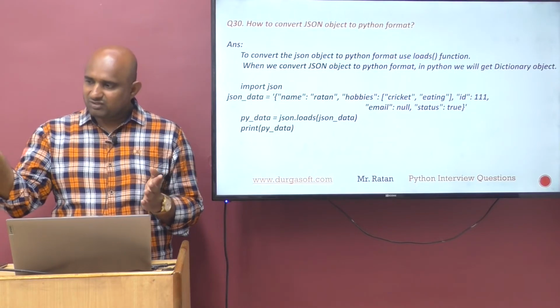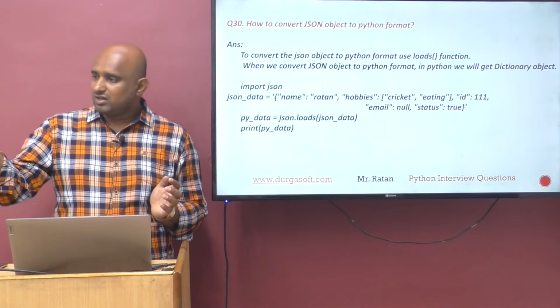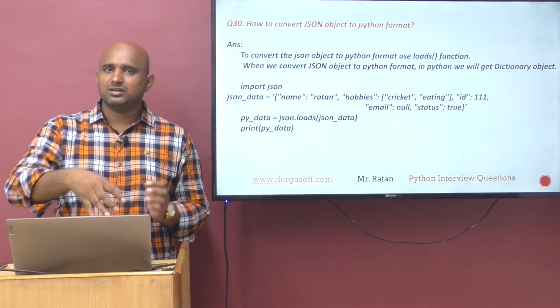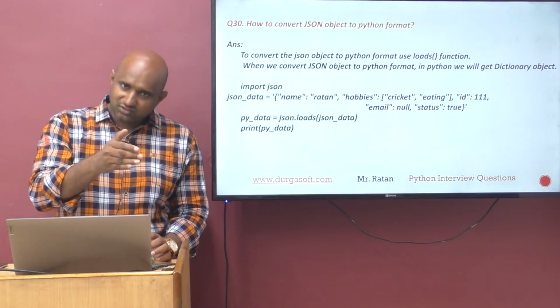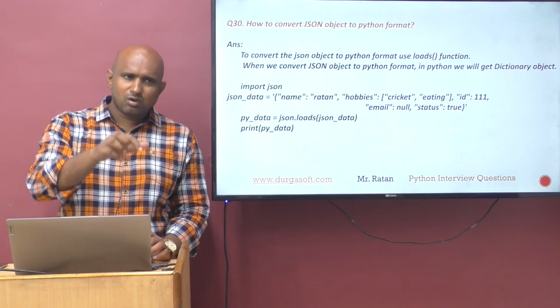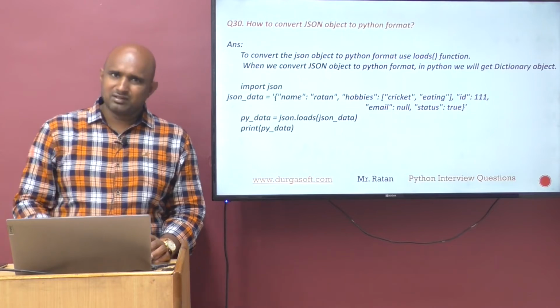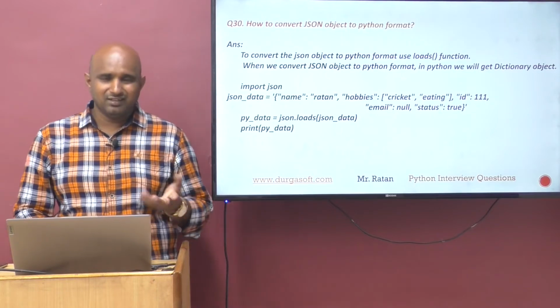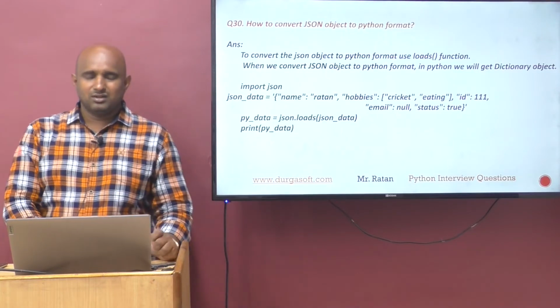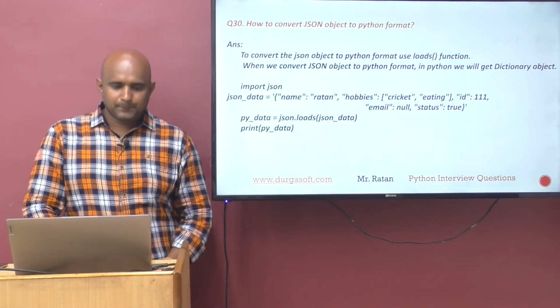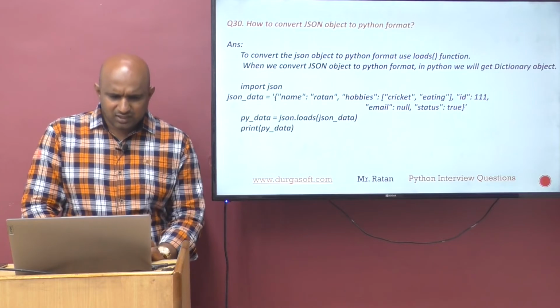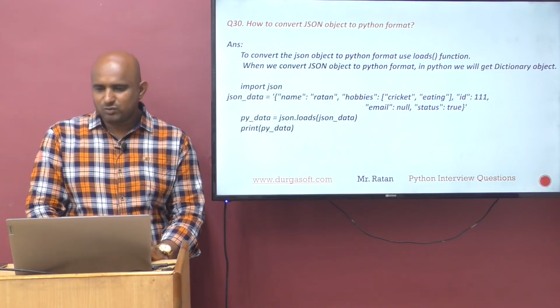Now the JSON object is coming as a dictionary object in Python. On the dictionary you can apply all the methods as usual, like keys, values, items, and the get function for specific keys. This is the conversion of JSON to Python.